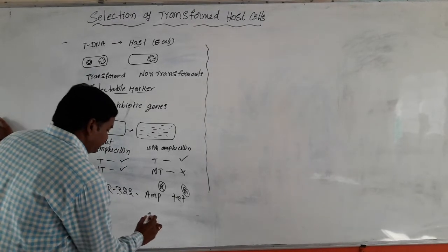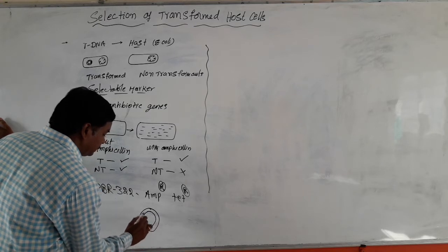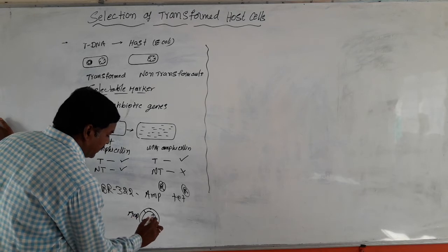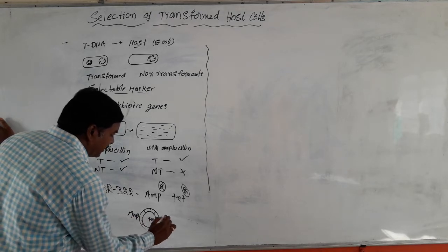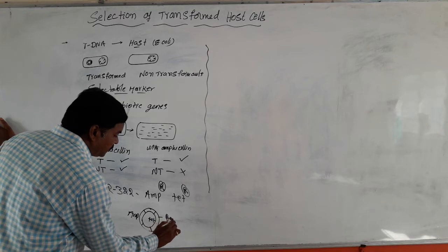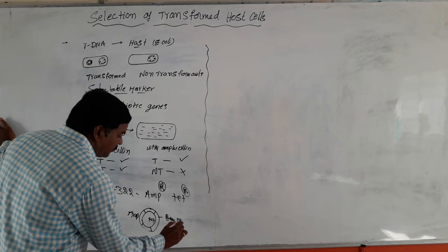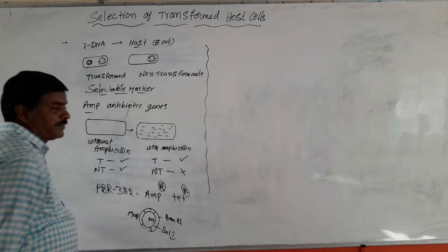For example, this is ampicillin resistance and this is tetracycline resistance. It also contains two cloning sites in tetracycline, BamHI and SalI.